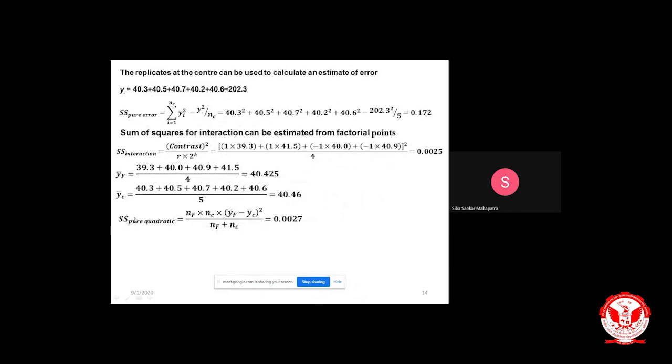Then the sum of the square for pure quadratic can be given by this formula: number of factorial points multiplied by number of center points multiplied by the square of the average of the factorial points minus average of the center points, divided by number of factorial points plus number of center points. So pure quadratic will be 0.0027.